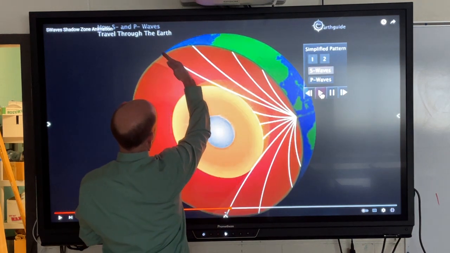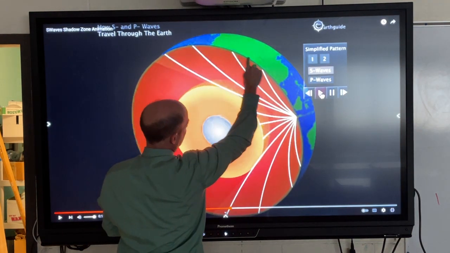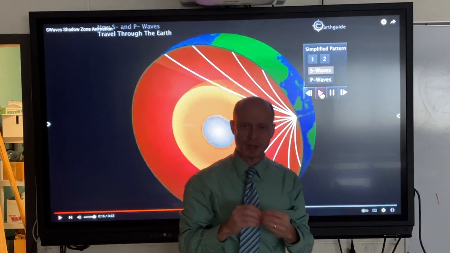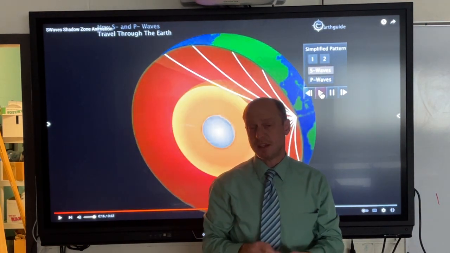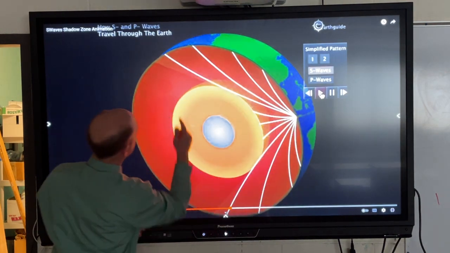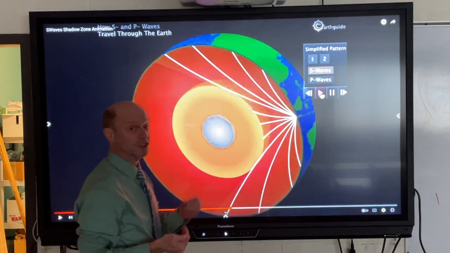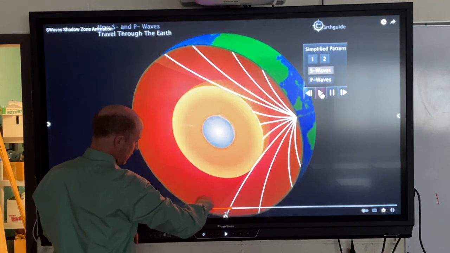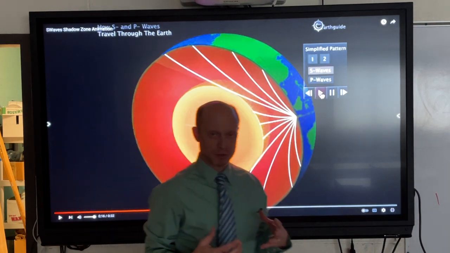But this whole area, I'm tracing with my finger from here all the way around down to here. Any locations that can record these vibrations, these S waves, are all going to see S waves here. However, this whole part of the Earth will not. They will not receive S waves here, okay? So they call it the S wave shadow zone.